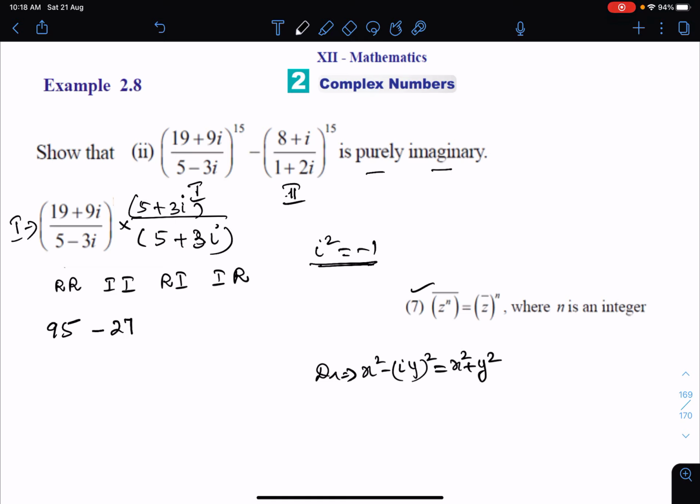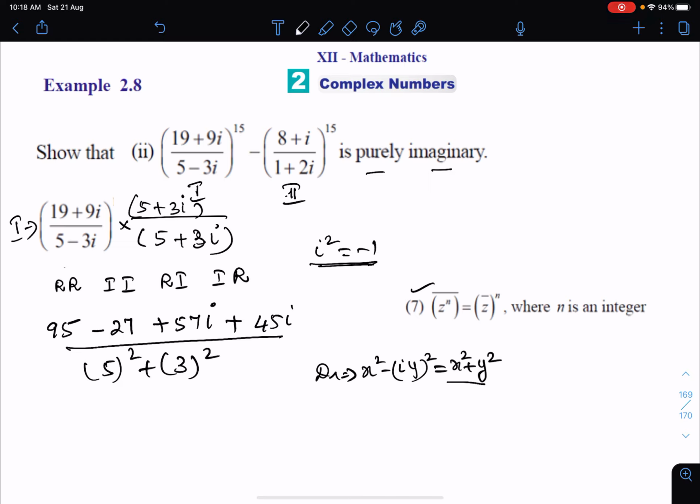Then real into imaginary, 19 into 3, is going to give you plus 57i, and then the last term 9i into 5 is going to give you 45i. In the denominator you simply take a square plus b square, using this formula. So here it is going to be 5 square plus 3 square.